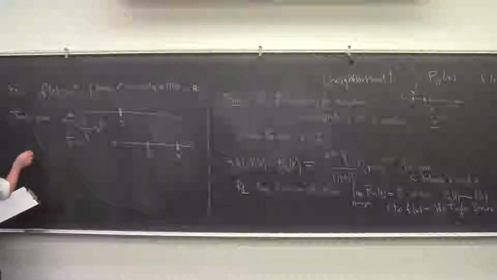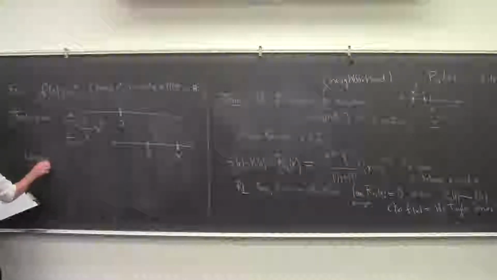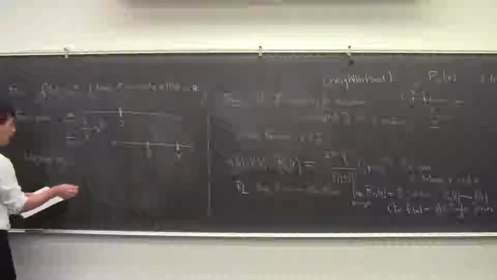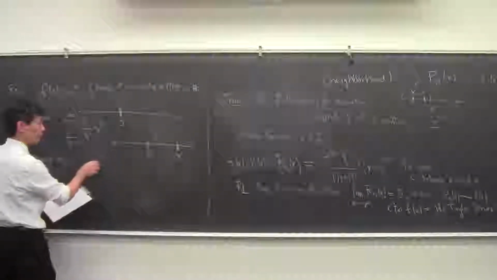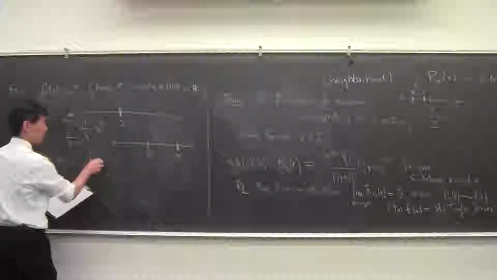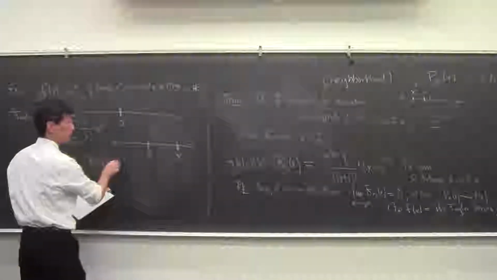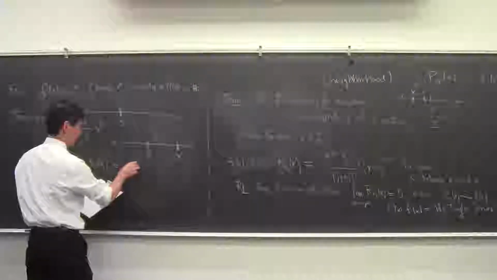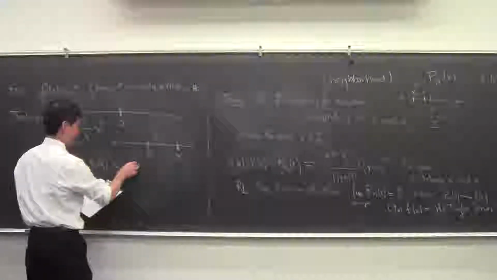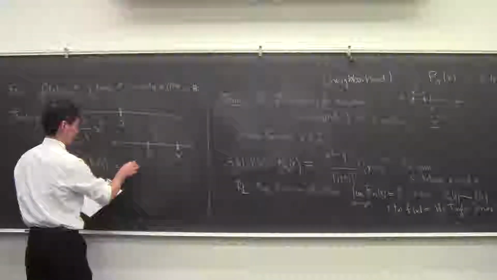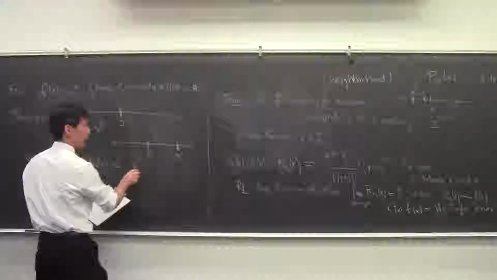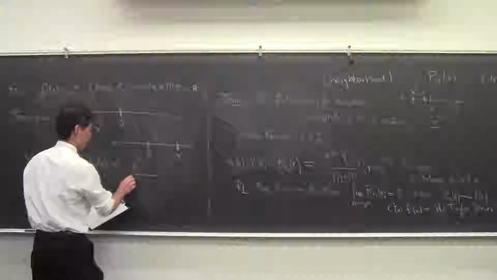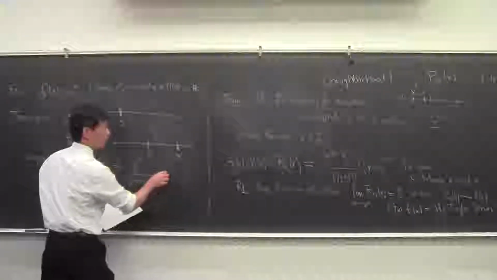Lagrange says that the error equals e to the c over n plus 1 factorial times x to the n plus 1.